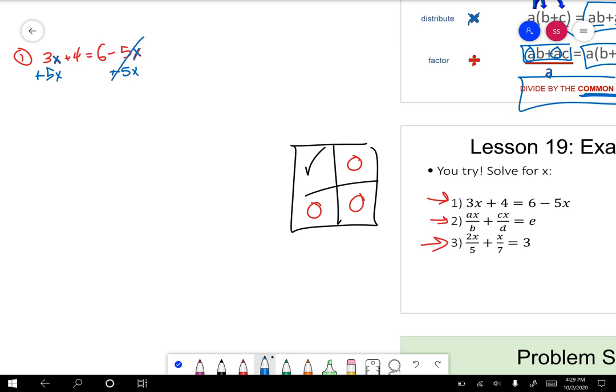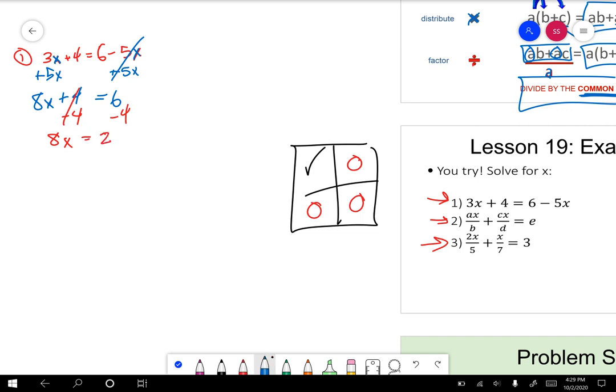Those will cancel out. We're left with 6 on the right, and 3x plus 5x would give us 8x plus 4. We need to get x by itself. Right now, 4 is being added to it. So we're going to undo that by subtracting, right? The opposite of adding. And we have 8x equals 2.